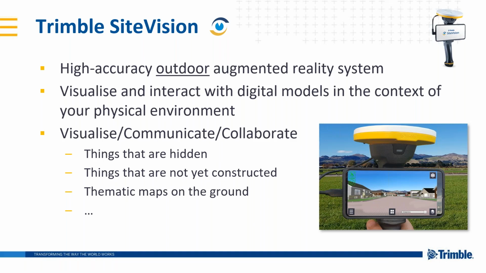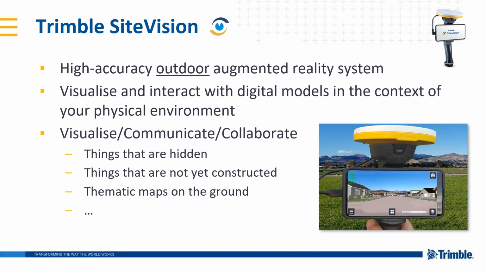Usually these types of technologies are designed for more confined environments, where there's structure and objects around that the technology can use to locate itself. But this system really works well in that outdoor open environment.